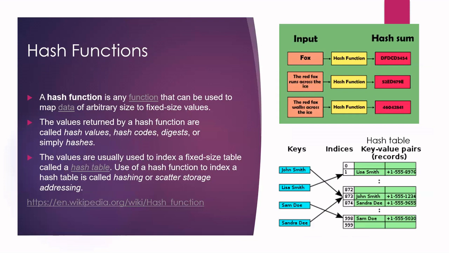All right. So before we talk about maps, sets, and dictionaries, we need to understand the concept of a hash function or a hash. Okay, so what is a hash function? It's kind of an algorithm that takes any value of any size and turns it into something of fixed size. So it's a function.